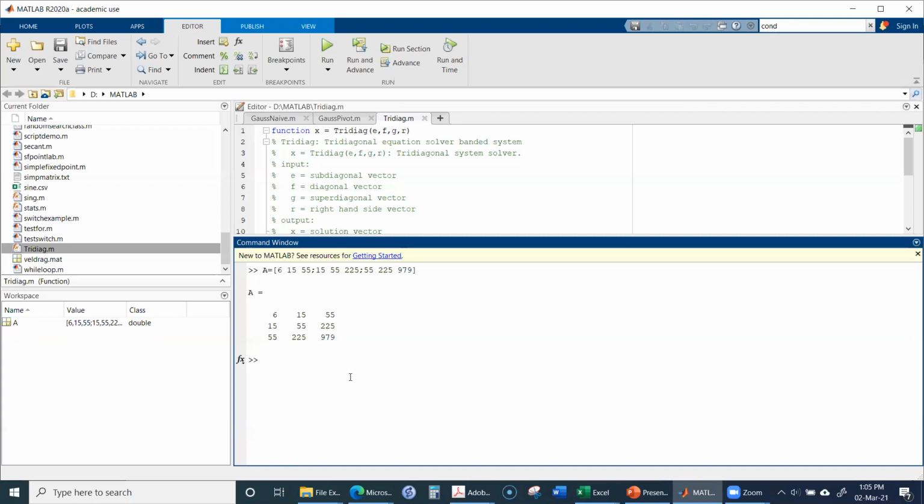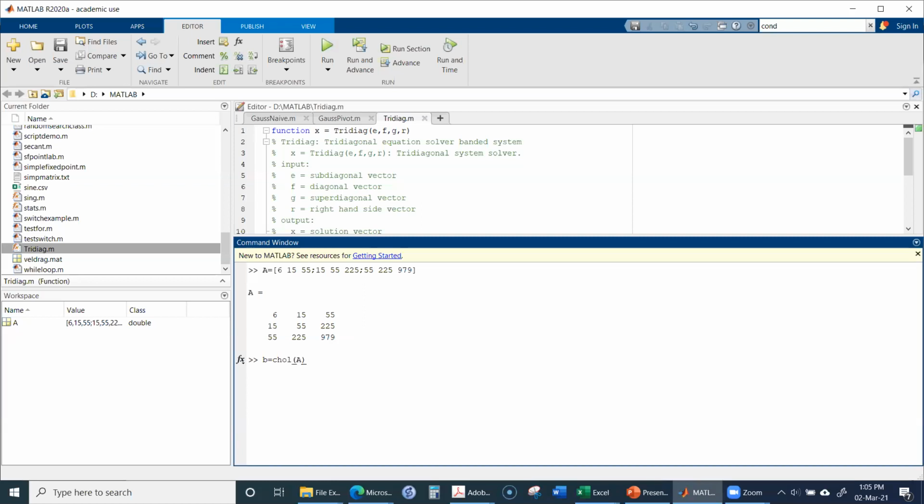If I want to find its Cholesky factorization, I can take B equal to chol(A), and it will give me the Cholesky factorization.